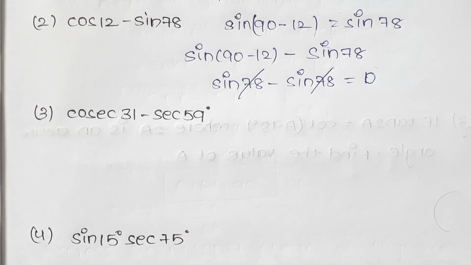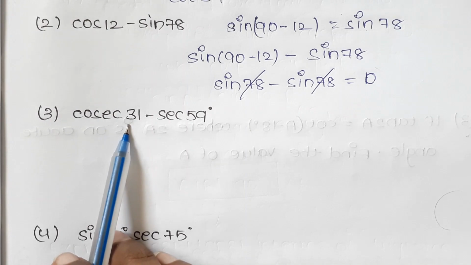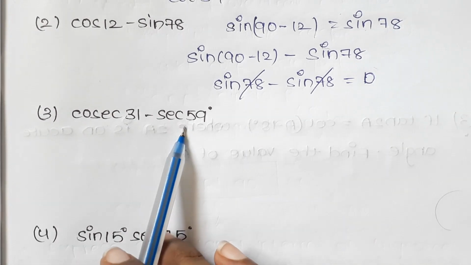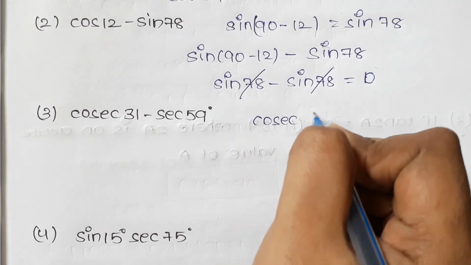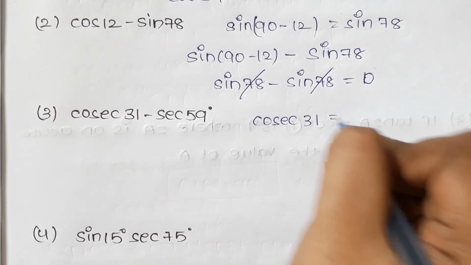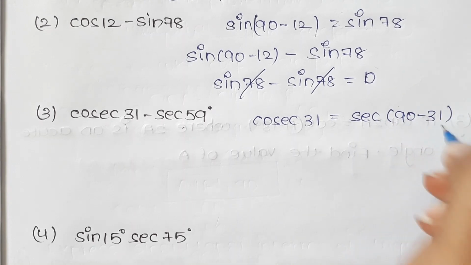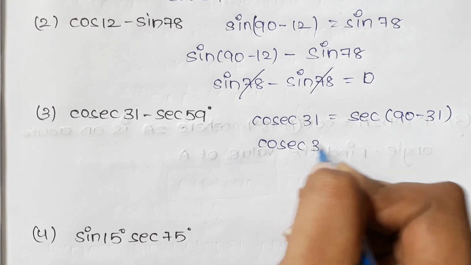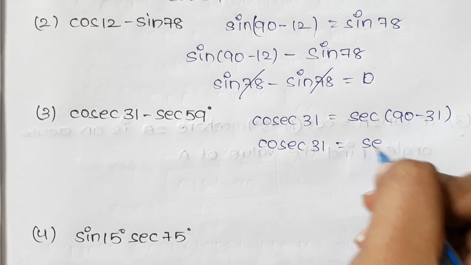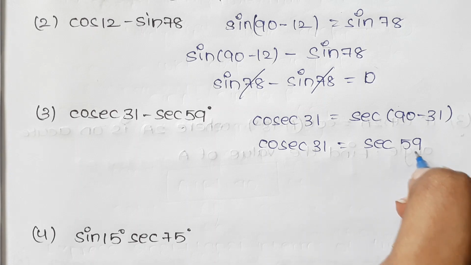Now let us see the third one, that is cosecant 31 minus secant 59. Now here cosecant 31 can be written as secant 90 minus 31. Therefore cosecant 31 is equal to secant 90 minus 31, which is nothing but secant 59.